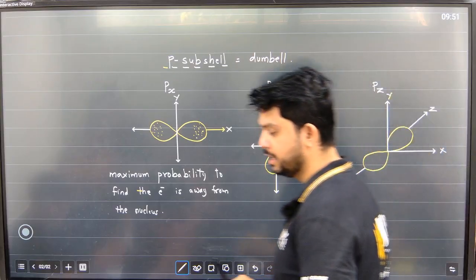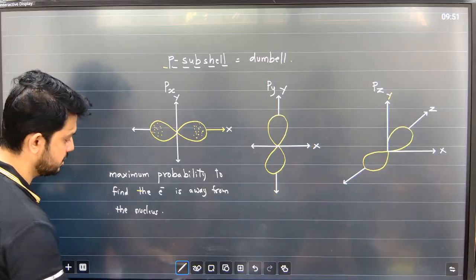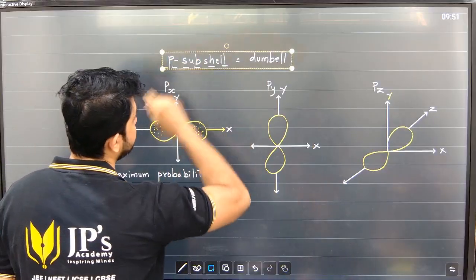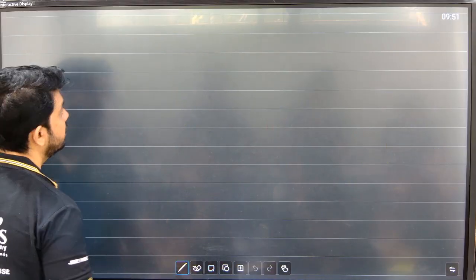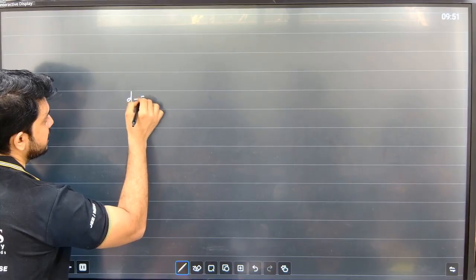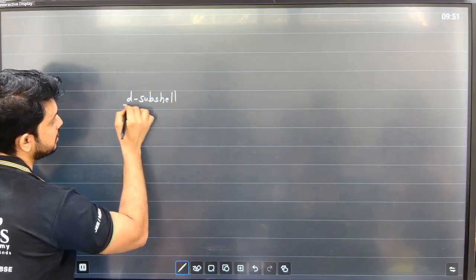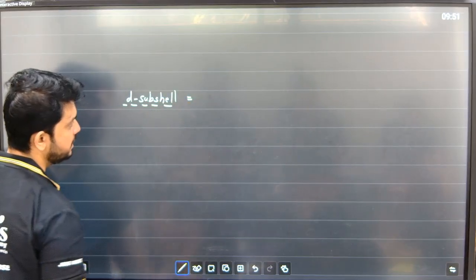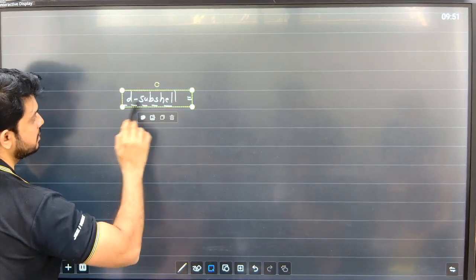Did you people get that? Any questions still here? Next, which is the subshell after this? D. D subshell has how many orientations? I repeat, D subshell has how many orientations? 5 orientations.